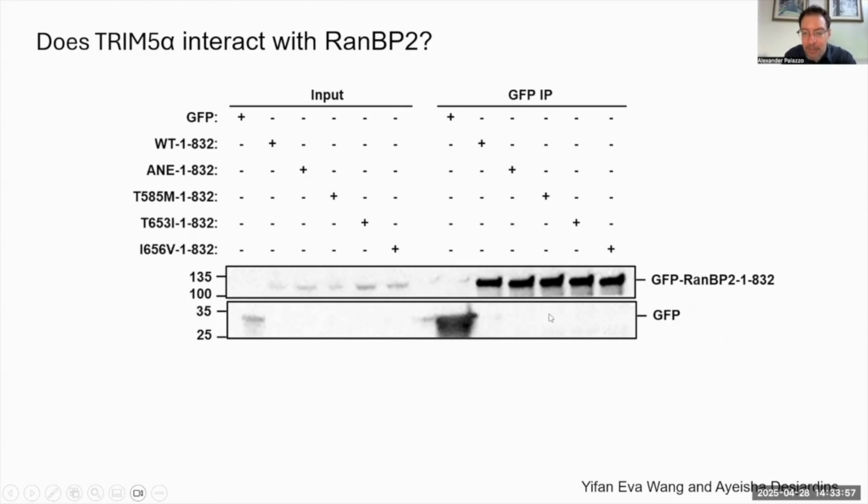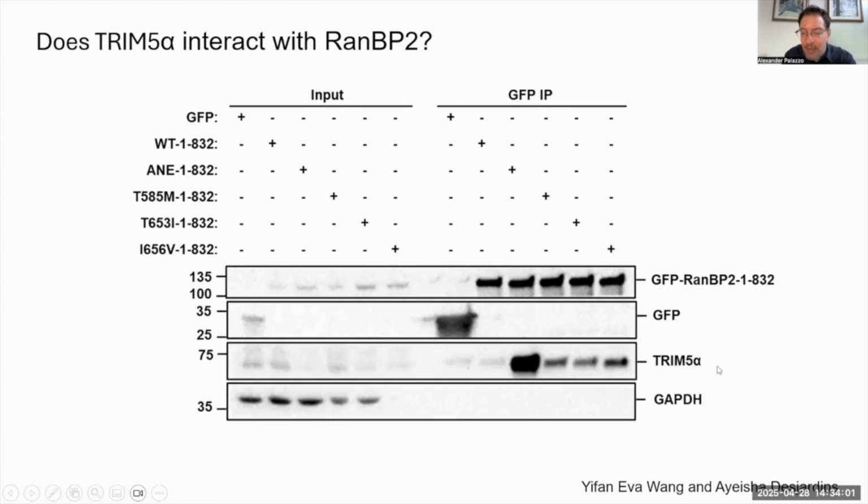And so we can immunoprecipitate our fragments down. And when we look to see if TRIM5 alpha is there, you can see that the wild type binds a little bit of TRIM5 alpha. The triple ANE mutant binds a lot, and single mutants bind significant amounts of TRIM5 alpha over the wild type. This is just a control protein. So it looks like the mutants, at least the three that we've checked, all share in common that they have an enhanced association with TRIM5 alpha.